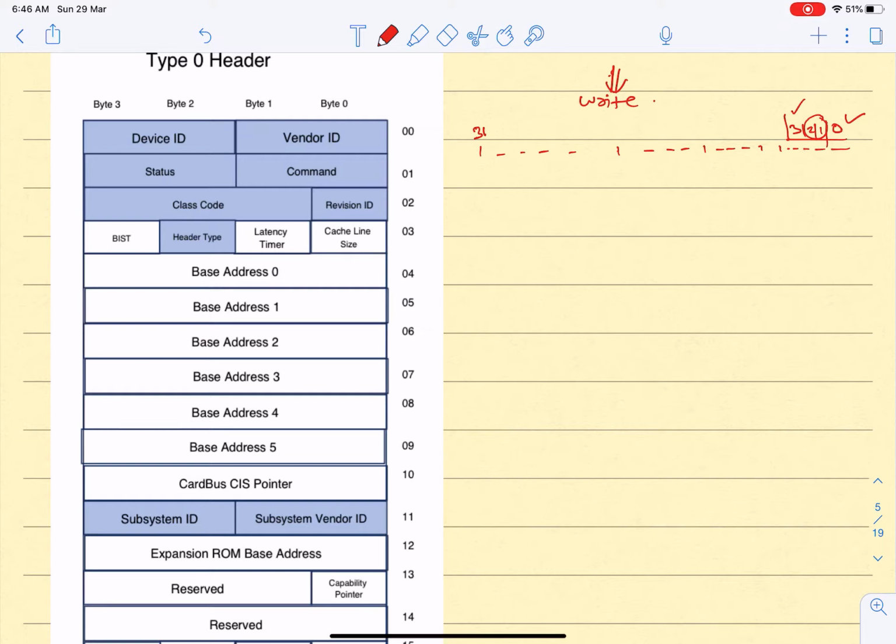This is reserved. It is read only, so it doesn't matter. So let us suppose that this is bit number 10, this is bit number 9, and this is bit number 15. So what the host does is write all ones. Write all one. This is the first step. Second step is read back.